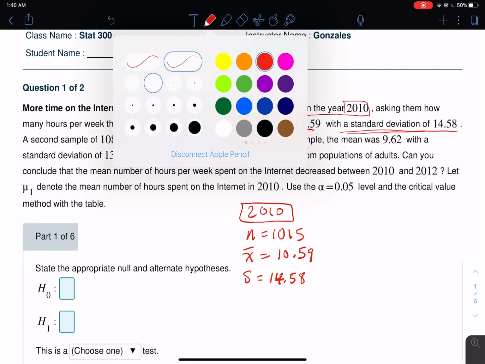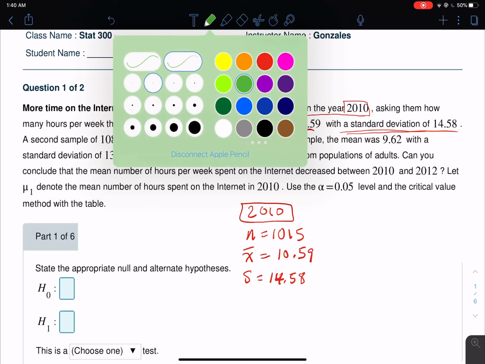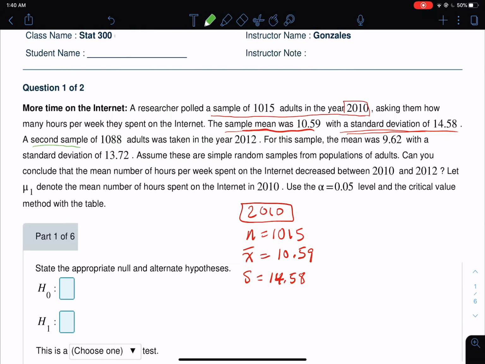A second, so we're going to use a different color here. It says a second sample that's done in the year 2012, so a couple years later, has a sample size of 1,088 adults, and they were asked, in the year 2012, for this sample, the mean, so now we're talking about sample mean, so that would be x bar.